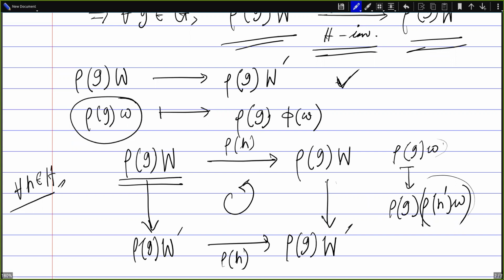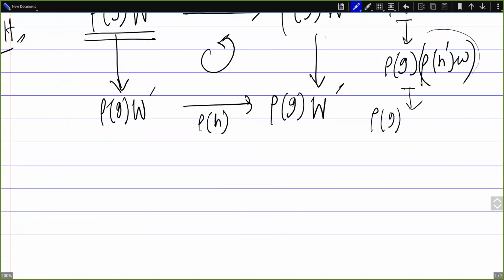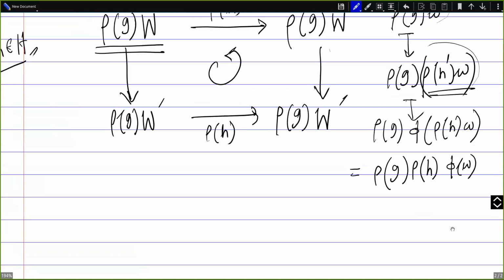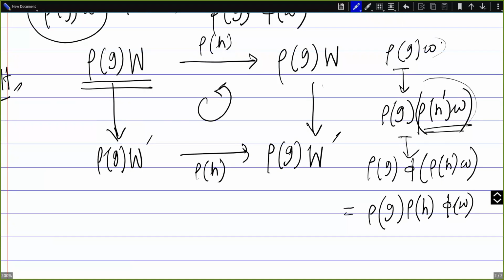And then next, when we apply the vertical map, it just goes to rho G, because this lies in W, so phi of rho H W. Recall that phi is H invariant, so basically then it will be phi H, rho G, rho H, phi W. Sorry, rho H prime, it will be here, and that is again rho G H prime, rho H G phi W.